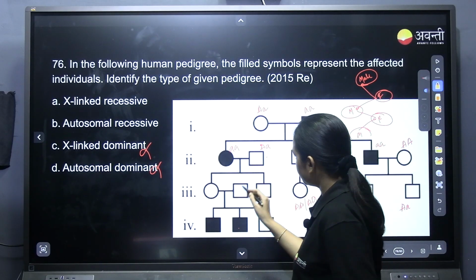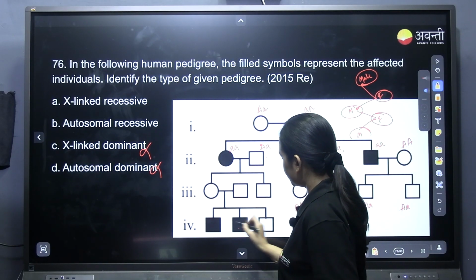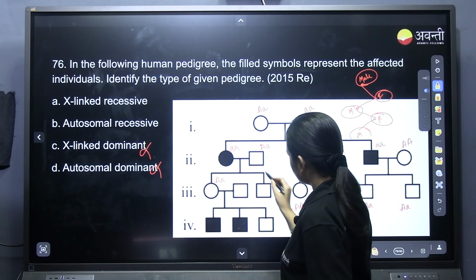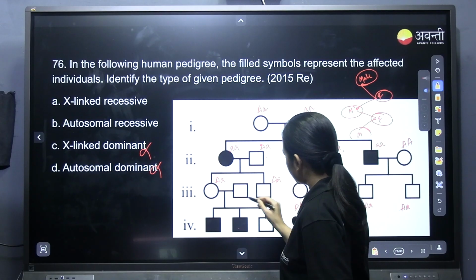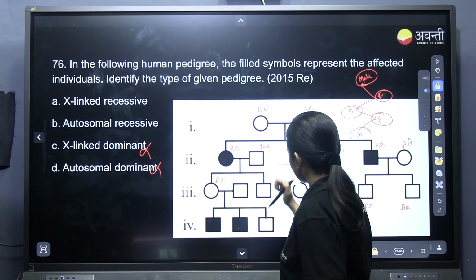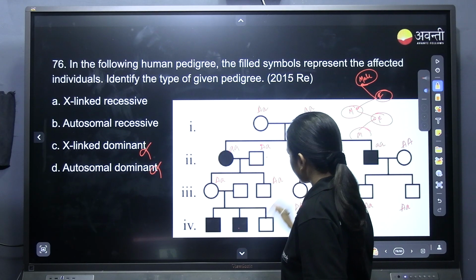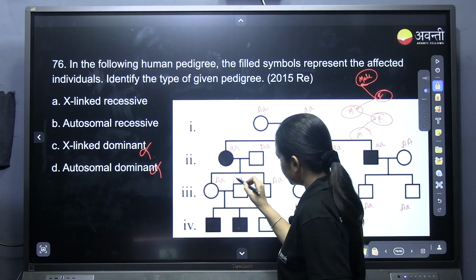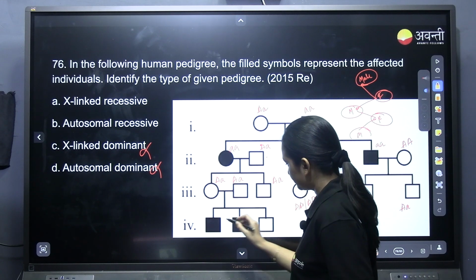So if you come here, if both are affected, then these are carriers. So he might also be a carrier, or yes, he is definitely a carrier. So if both are affected, this person is also a carrier.